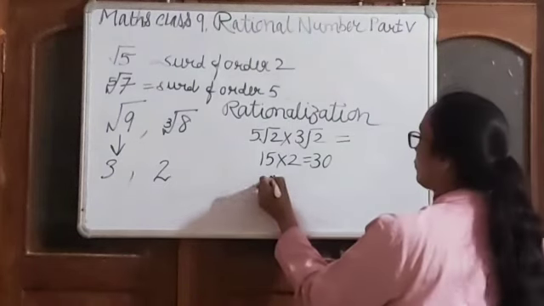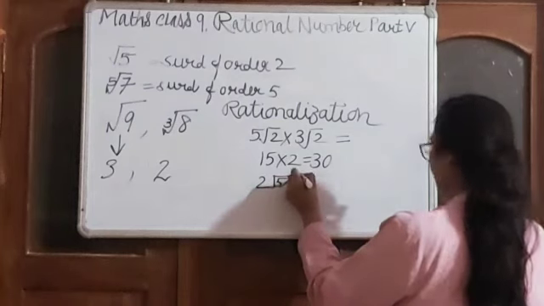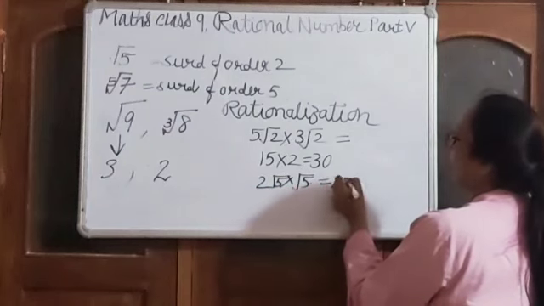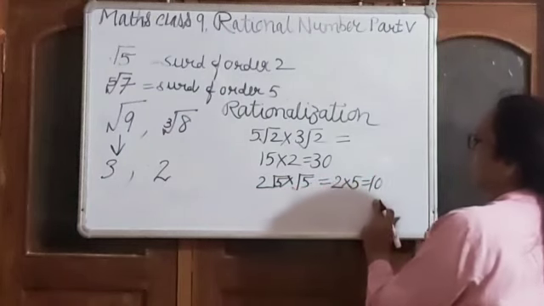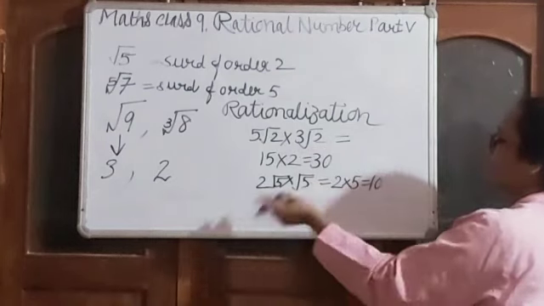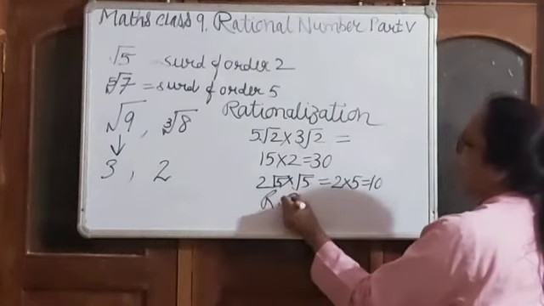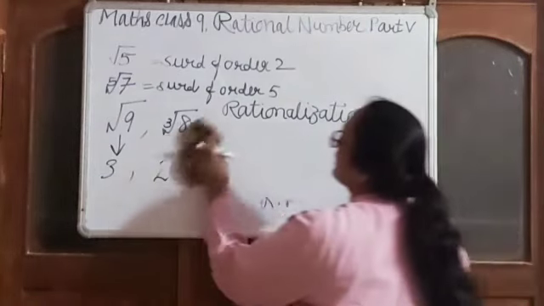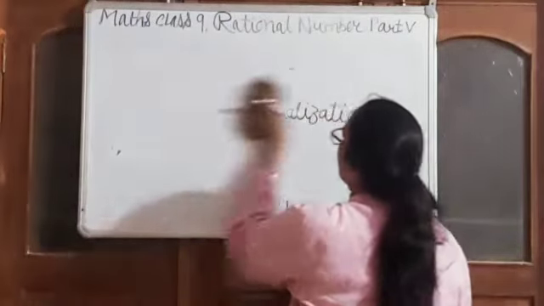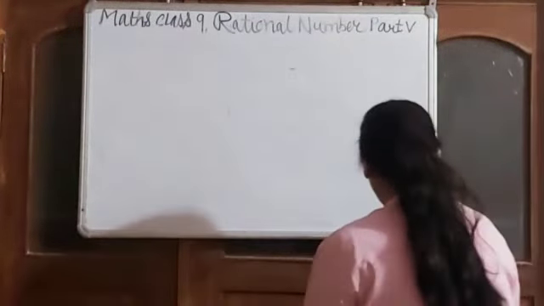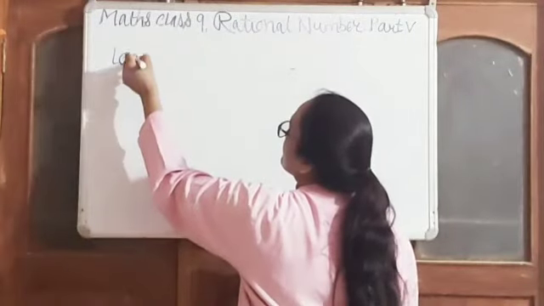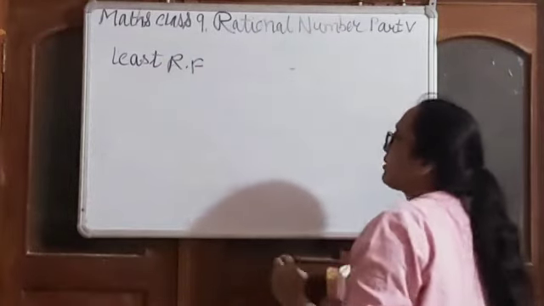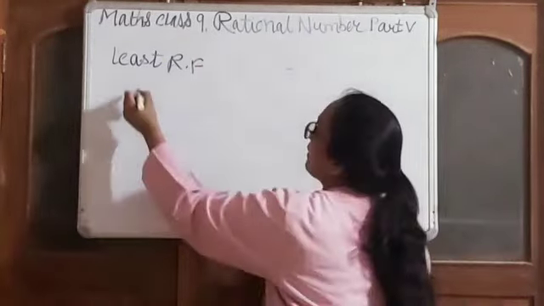See, 2 root 5 multiplied by root 5. Root 5 into root 5 is 5, and their product is a rational number. So 2 root 5 and root 5 are rationalizing factors of each other. Now students, we will see the least rationalizing factor. How to find the least rationalizing factor? Let's discuss one example.